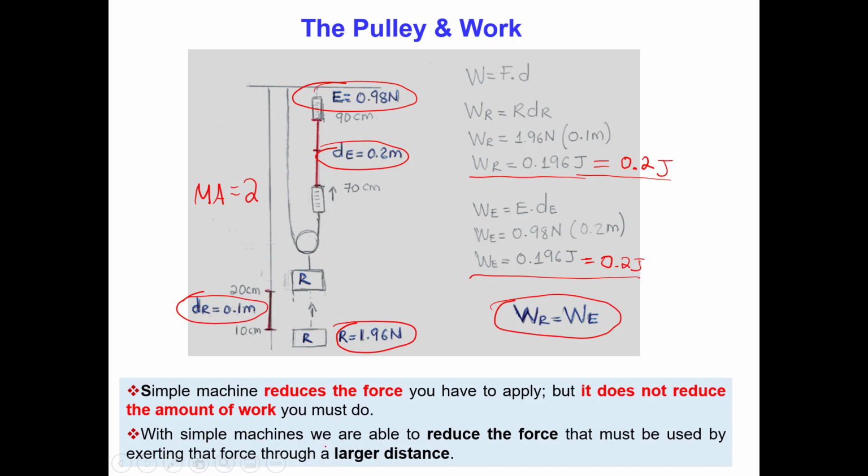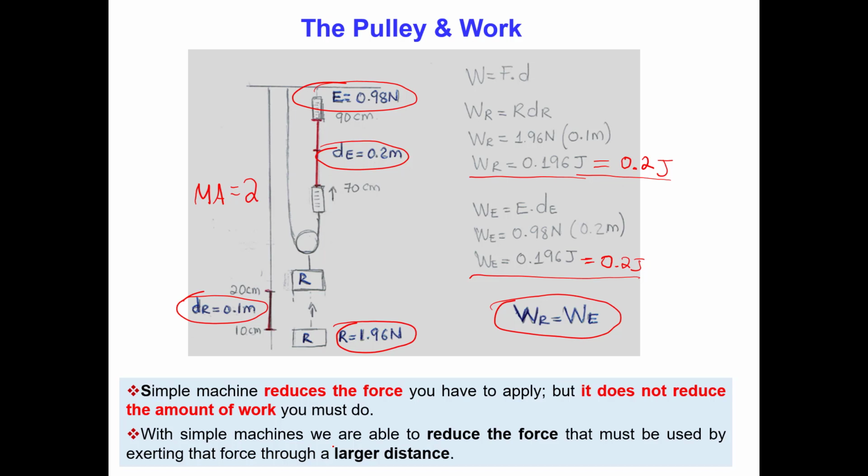With simple machines, we are able to reduce the force that must be used by exerting that force through a larger distance. The effort force we need to apply is reduced, but we need to apply this force through a larger distance. This is why at the end, the work we have to do with or without simple machines is the same.